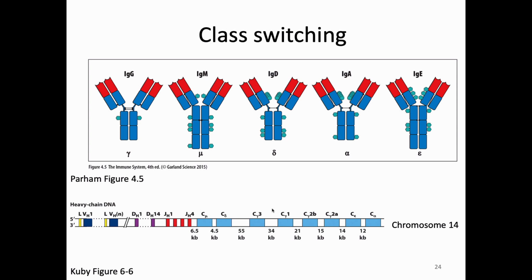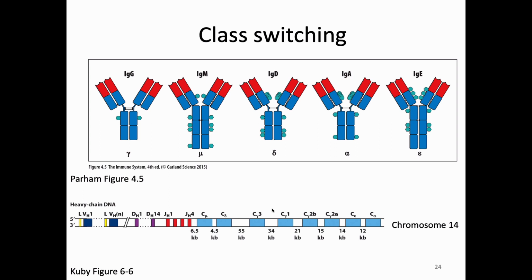Now, if you look, there is something important to notice about the genomic organization that is shown here. So at this point, we have maybe done VDJ recombination. And so V, D, and J are right next to each other on the DNA. We've cut out the intervening DNA.